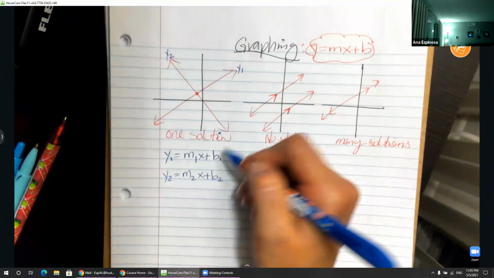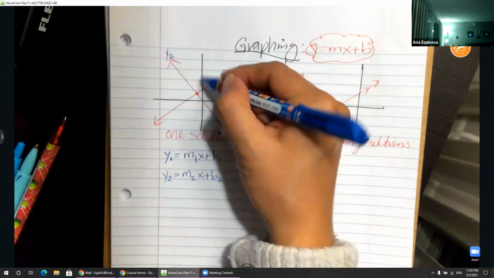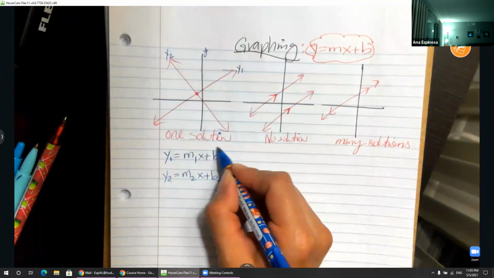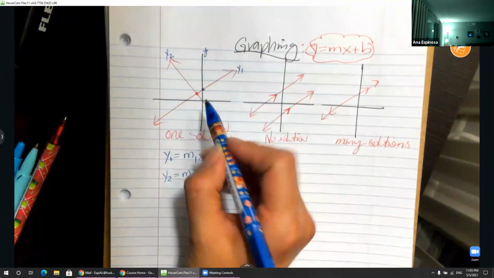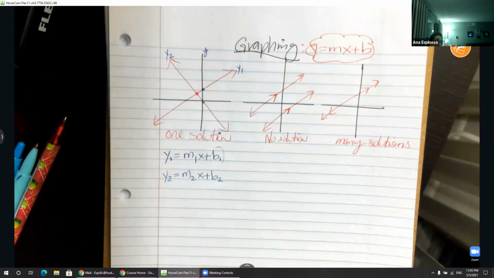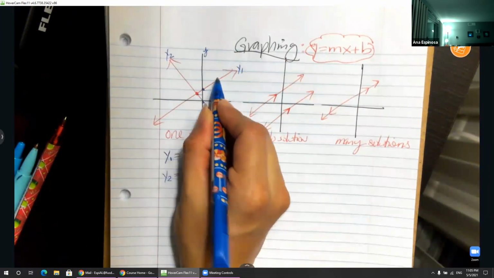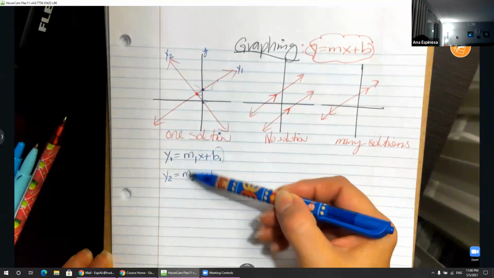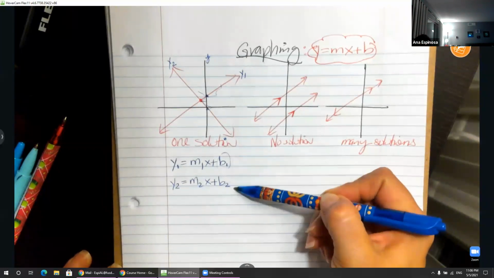Like the B1, the intersection of this line with the y-axis, this is the y-intercept, would be here. And the intersection of this one is B2, that would be down here. They're completely different, right? And the slope, one is positive, one is negative. They don't have to be opposites of each other. They could be both positive and still meet, right? They could be going towards that way, but just not parallel. They could be a bit crooked and they will still intersect. But the slopes are completely different. The y-intercepts are completely different.